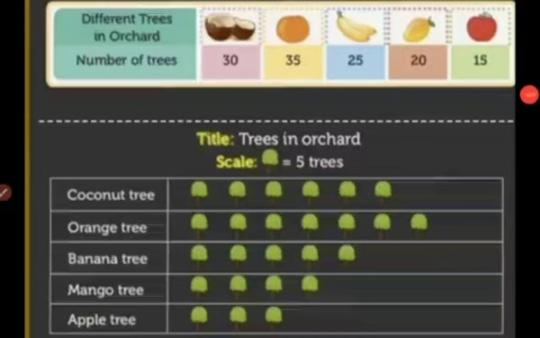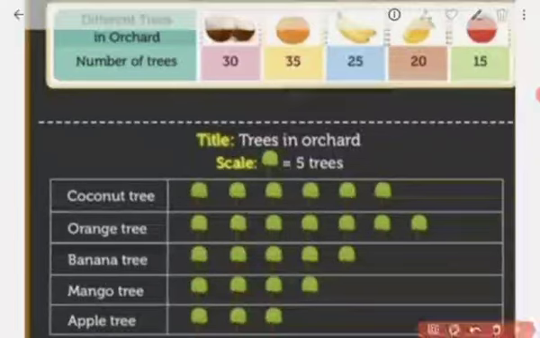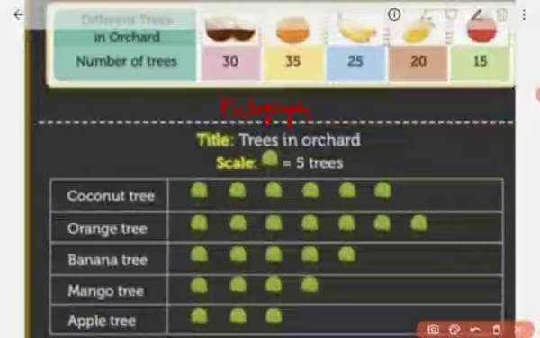This is one example I took. Let's see for the bar graphs. This example is for a pictograph, where we are representing in the form of pictures. You have different trees: coconut, orange, banana, mango and apple.